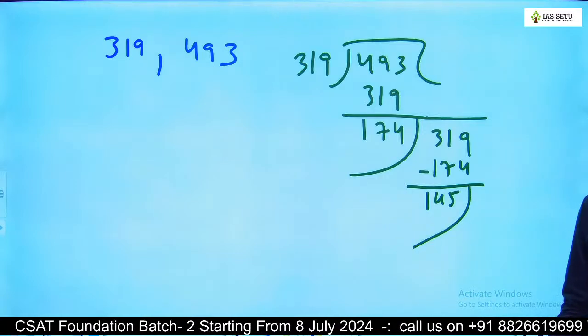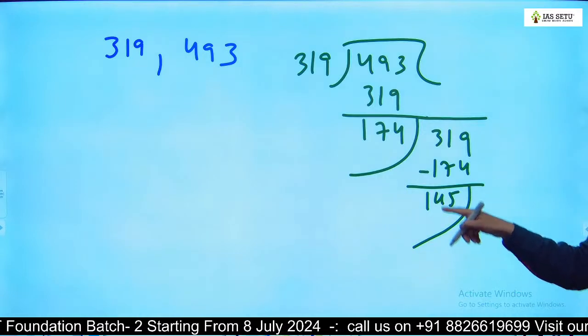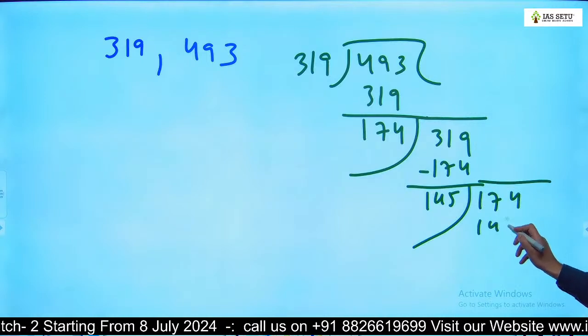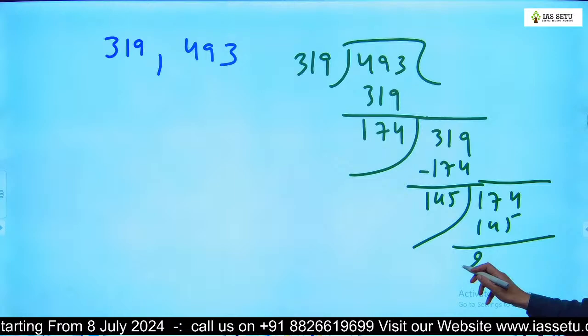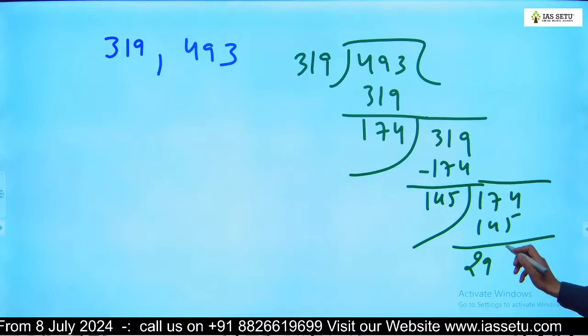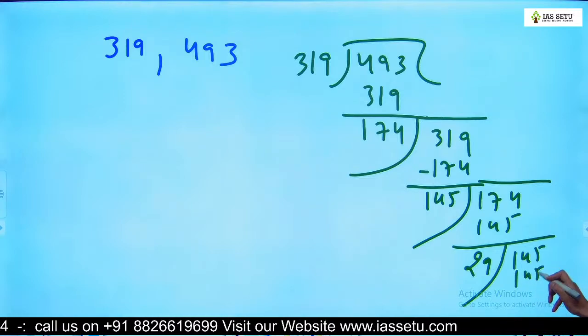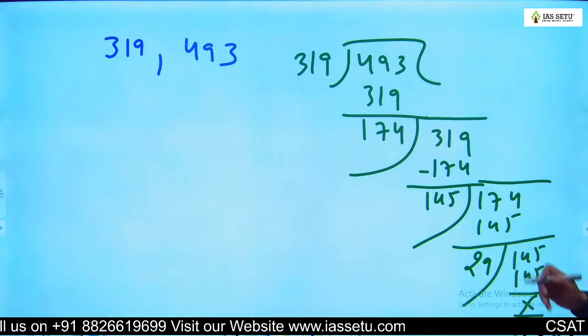So here same process, 145 divisor 70, and here this 145 exactly divides. So the last divisor is the answer.